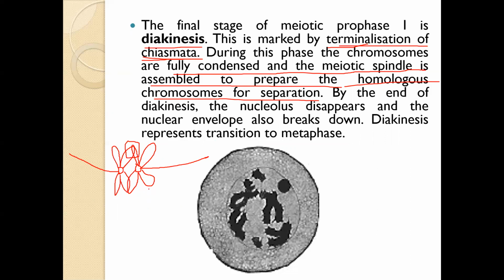After that, the breaking of the centromere portion begins, and these chromosomes get separated. By the end of diakinesis, the nucleolus disappears, along with the complete disappearance of the nuclear membrane, which dissolves after the end of this process.